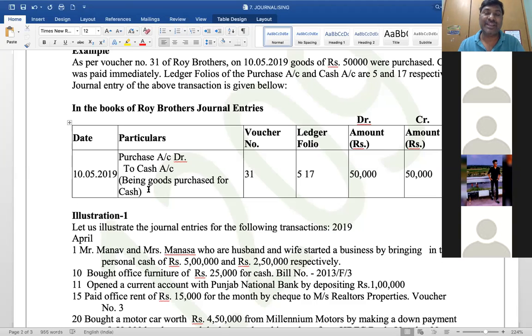So it starts with being, and you can write wordings that you're comfortable with. This is a short description. Voucher number, we don't write that. Ledger folio, you write 5 and 17. And the amount to be debited is 50,000.